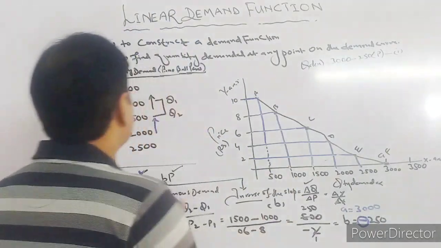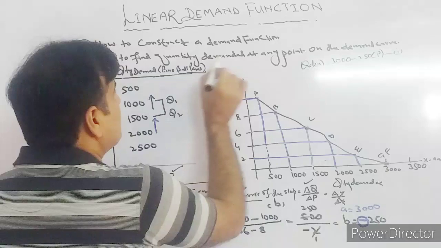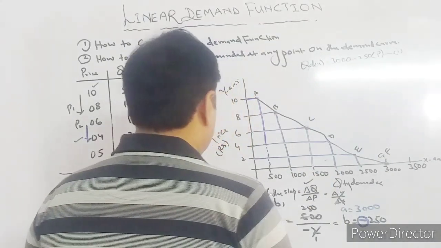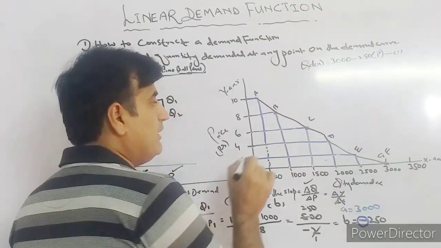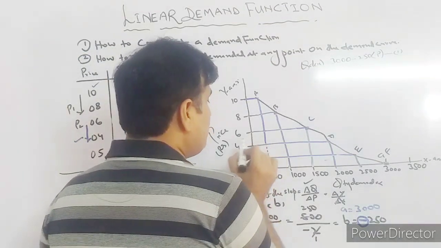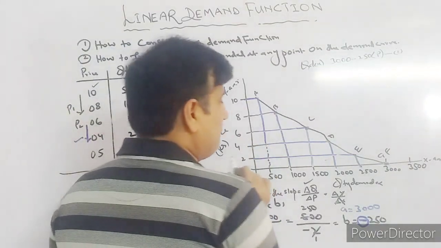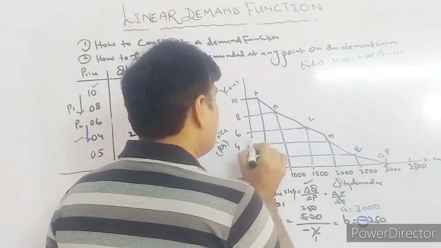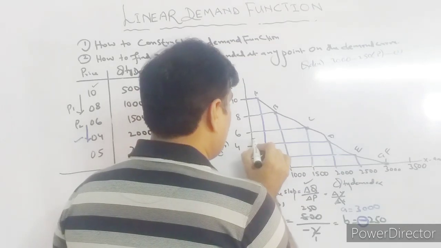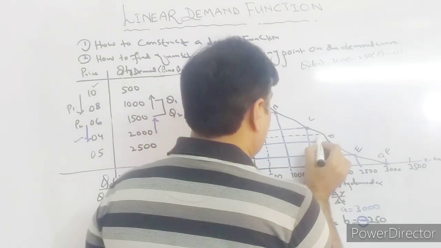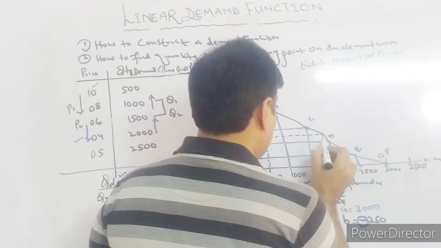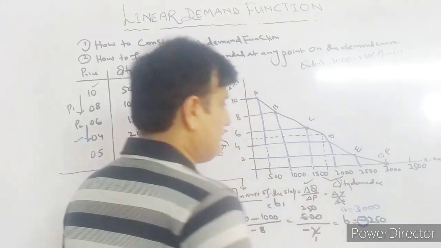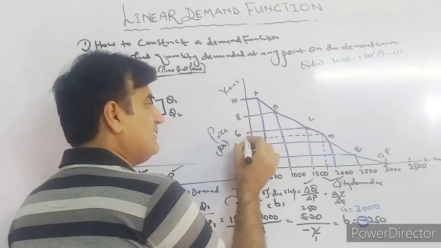Now the second objective is how to find quantity demanded at any point on the demand curve. For example, what would be the quantity demanded when the price increases from 4 to 5? The quantity demanded would be between 1500 and 2000 when the price is 5.